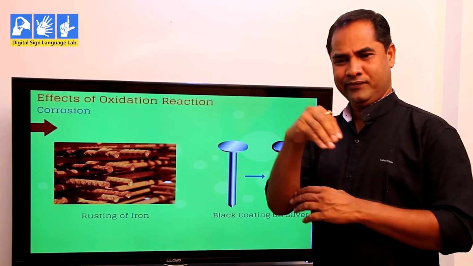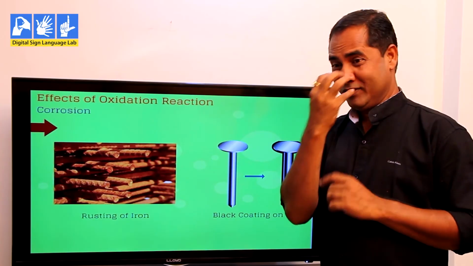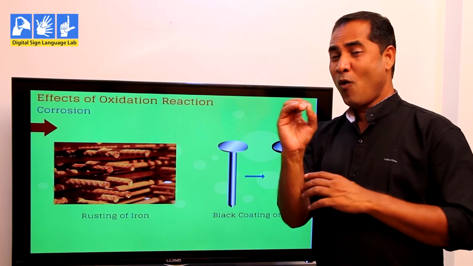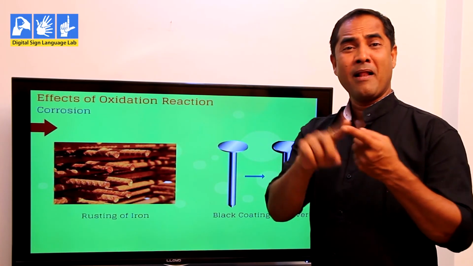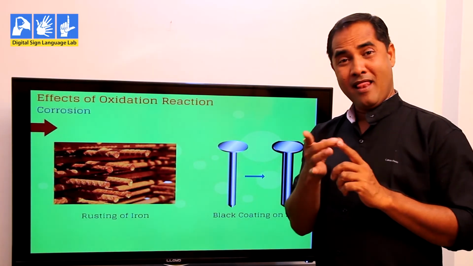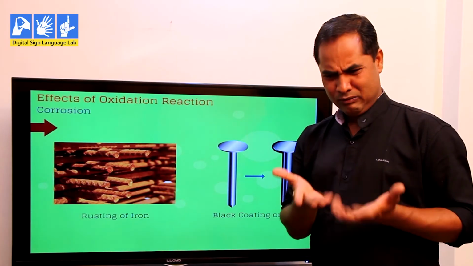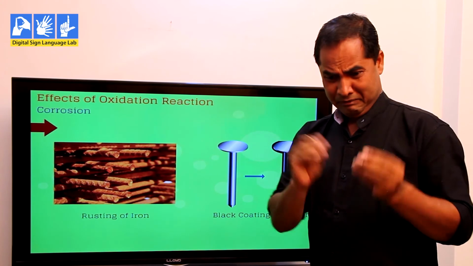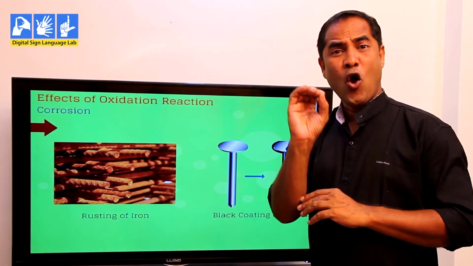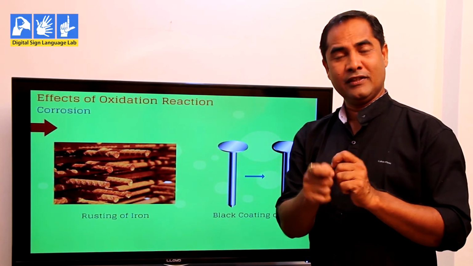I have already explained about oxidation reaction, how chemical changes happen when you add oxygen. There are many different effects of oxidation reaction. For an example, corrosion. What happens to the metal? Why does it rust and get corroded? It's because of oxidation reaction.